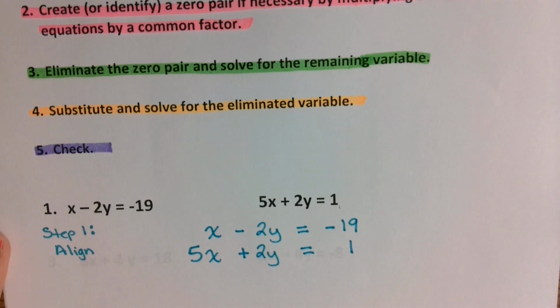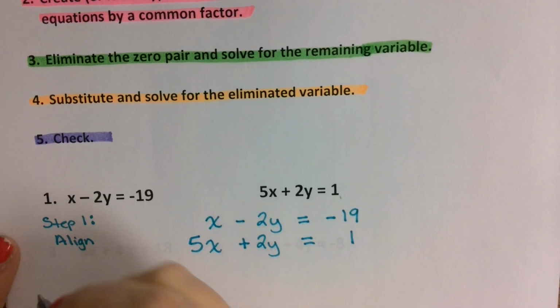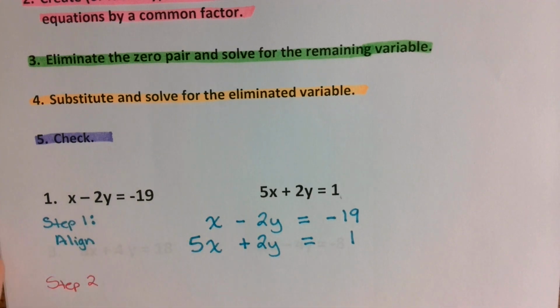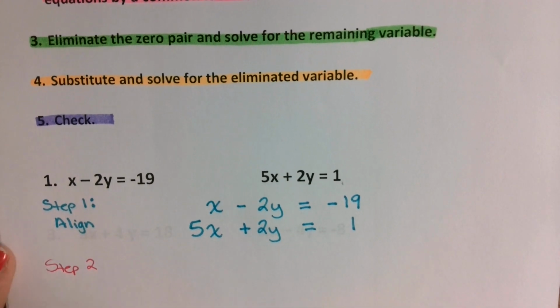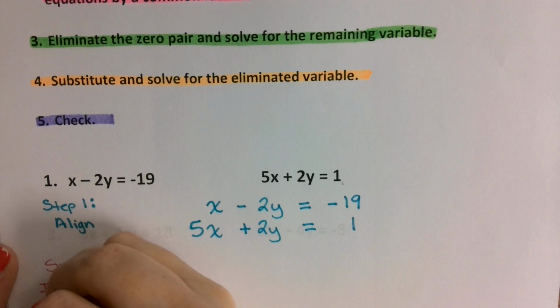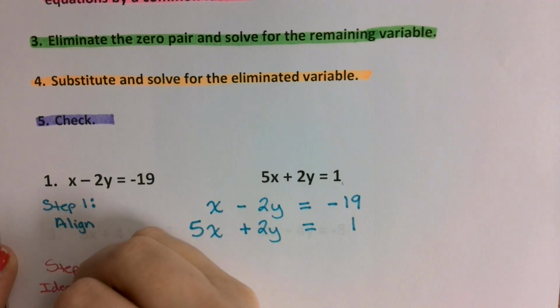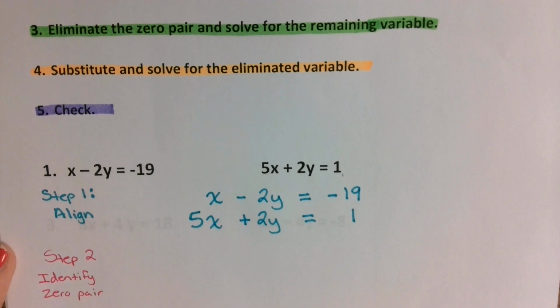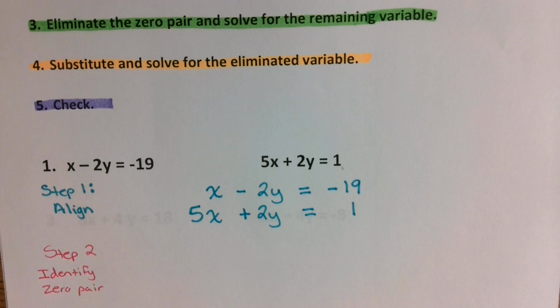Okay, step 2, which is what I'm doing in the pink, is to either identify or create a zero pair. In this case, I can identify because I see that there is a zero pair already. Remember, zero pairs are same base numbers but opposite signs.